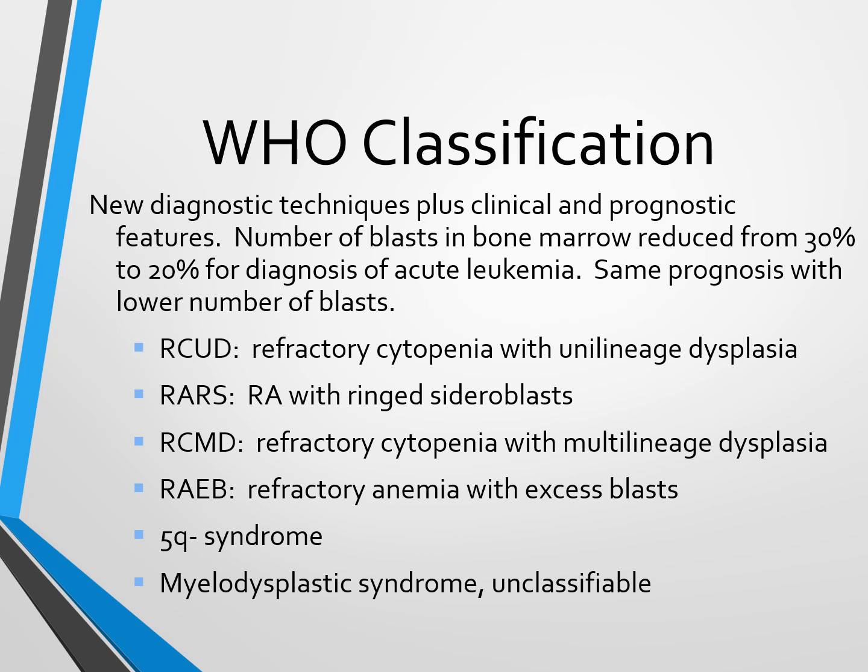We're going to have our refractory cytopenia with multilineage dysplasia. So in this case, multiple cell lines are going to be reflecting that refractory cytopenia. And then refractory anemia with excess blasts. We're also going to have something called 5q deletion syndrome. And then we'll also have a myelodysplastic syndrome, unclassifiable.